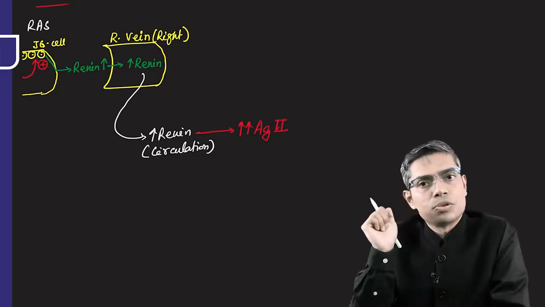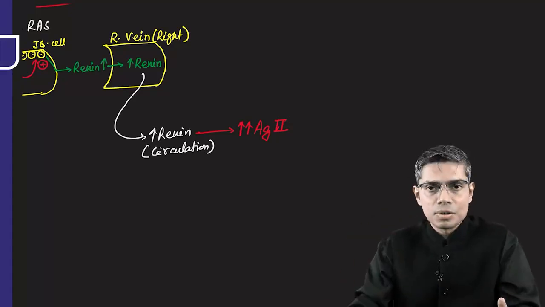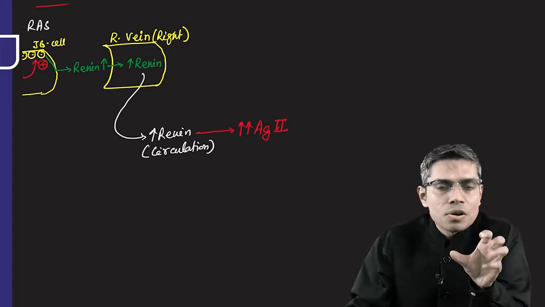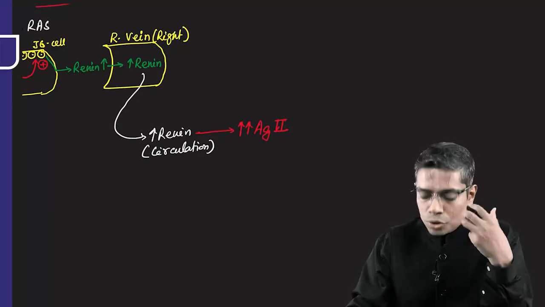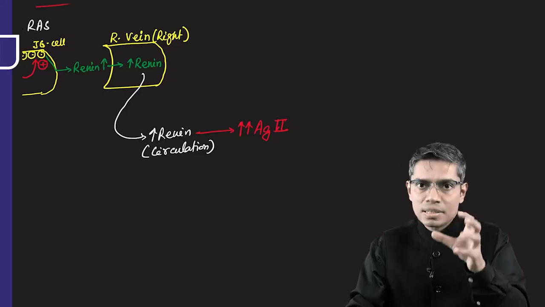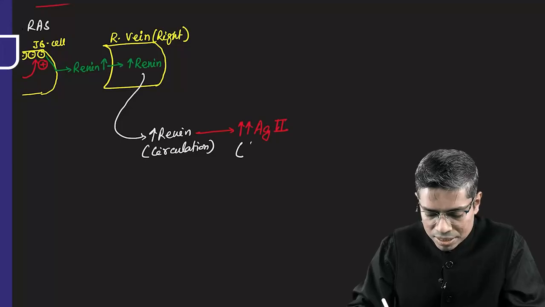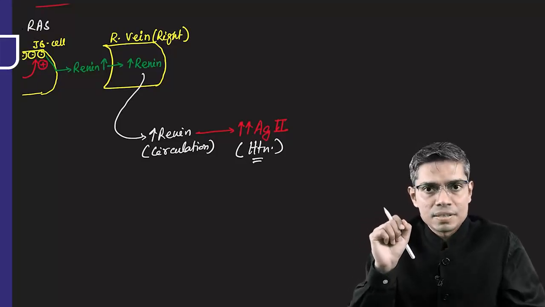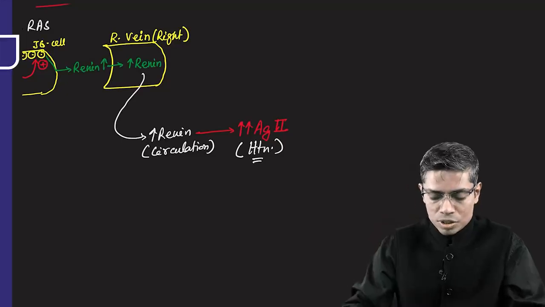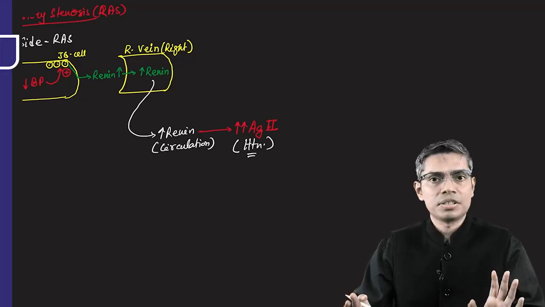This increased amount of angiotensin in your systemic circulation will produce vasoconstriction, and it has an additional effect: it will stimulate the sympathetic system also. So due to this vasoconstriction and sympathetic stimulation, a high amount of angiotensin will produce hypertension. That's why a patient with renal artery stenosis will always suffer from hypertension, secondary hypertension. So what is the cause of this hypertension? An increase in angiotensin 2 in the systemic circulation.